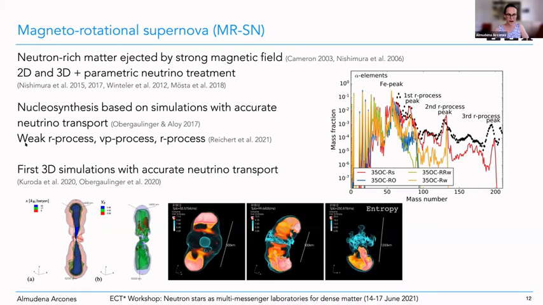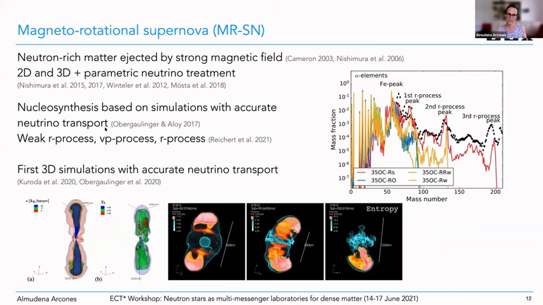And they found a very, very broad nucleosynthesis, so we see r-process, neutrino p-process, and more. Here you see four different models with different rotation and magnetic field, and just want to tell you the red line is the one with the strongest magnetic field. And in this one, we find the r-process. This was also found in other simulations, but not with a good neutrino transport. So we see neutrinos are still playing a critical role and should be treated properly.